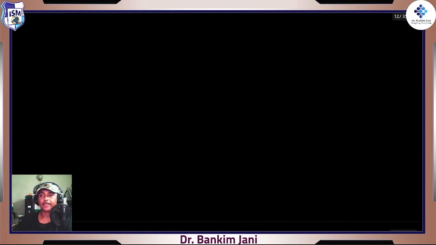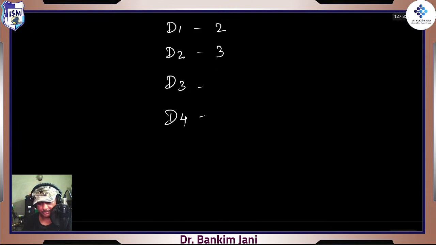Now for the duodenum, four parts: D1, D2, D3, D4. What's their length? Starting with 2, 3, 4, and 1 inch, in fact it should be inches, and this is 1 inch.